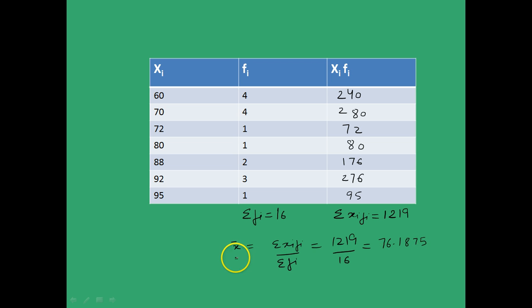So we have calculated the mean or the average of the given frequency distribution.